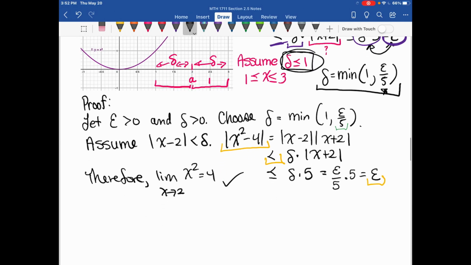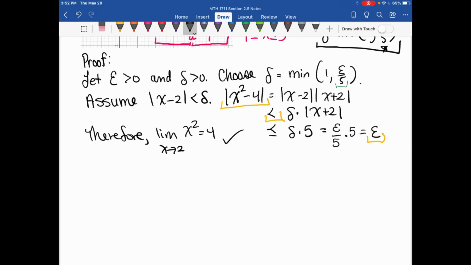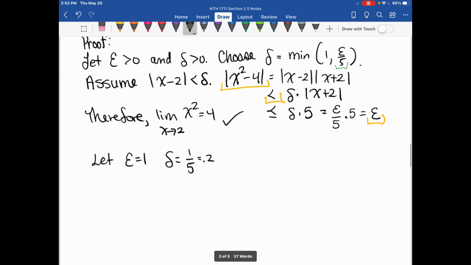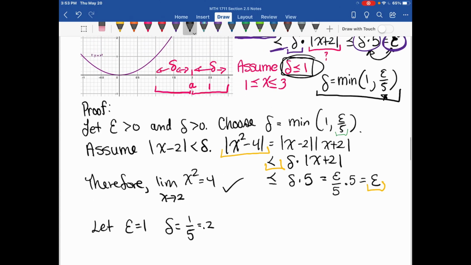Now again, you can pick some values and check to make sure that you convinced yourself that it works. So let's say we let epsilon be equal to 1, then delta is going to be 1/5, which is 0.2. So that means we need to pick an x value that is within 0.2 of 2.